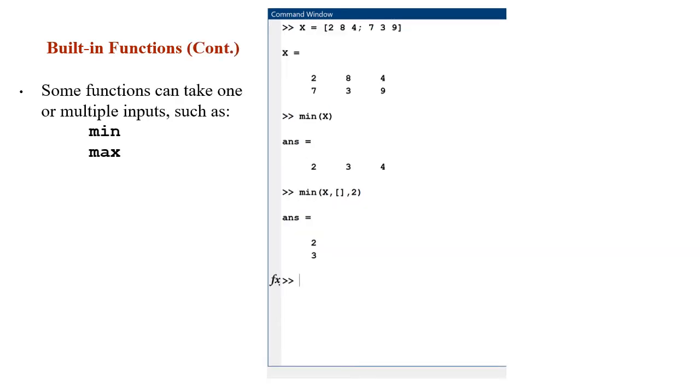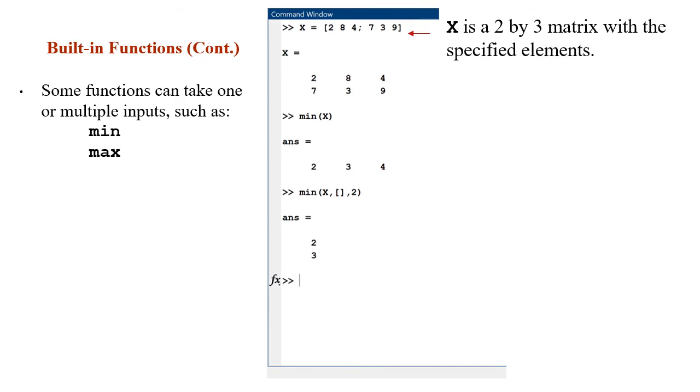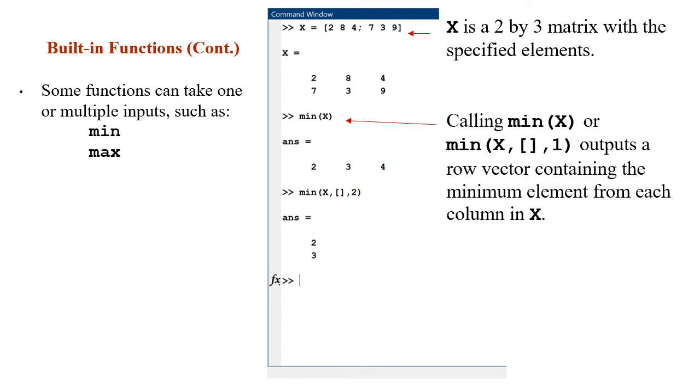Here's an example of a function that can take one input or two depending on the application. Here we've initialized a matrix named x of size 2 by 3, meaning it has 2 rows and 3 columns. And then we called min of x. Min of x will output the minimum value in each column.